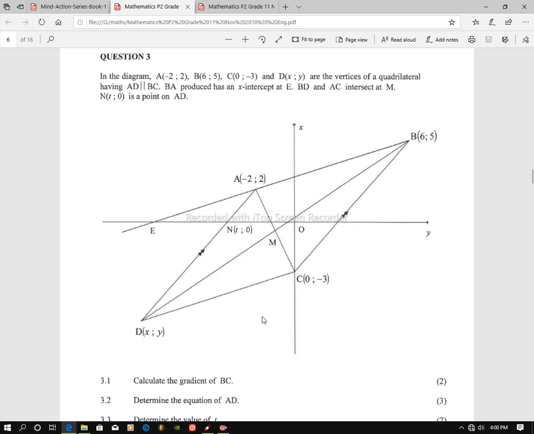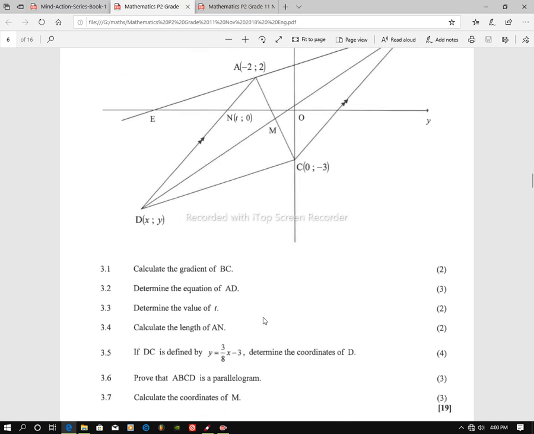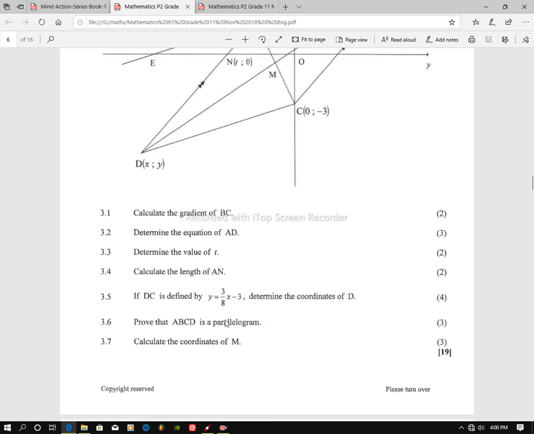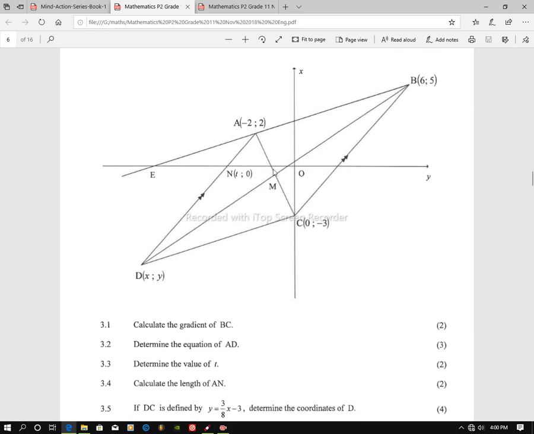You still remember the first rule that we did. And question 3.7 said, calculate the coordinates of M. So these diagonals bisect each other.